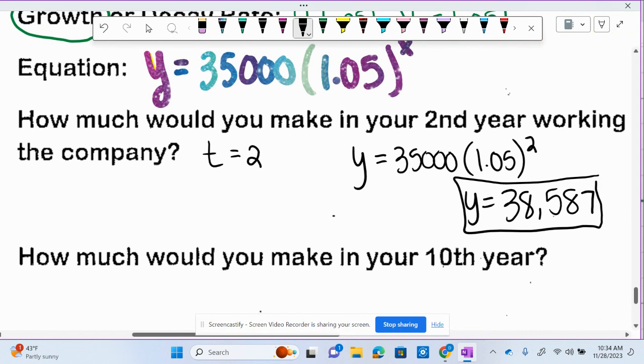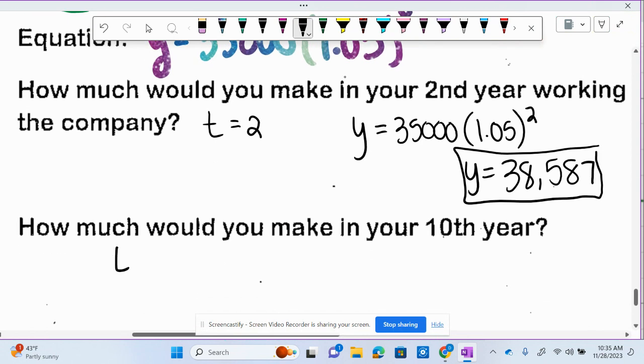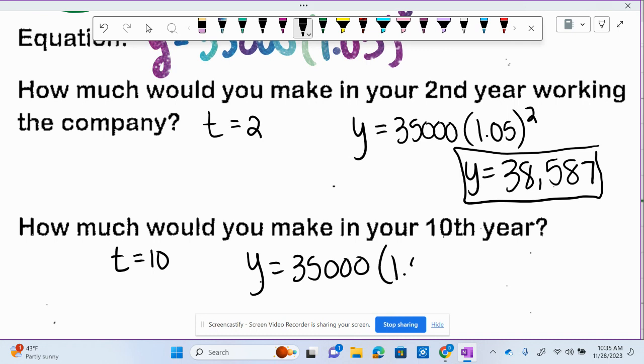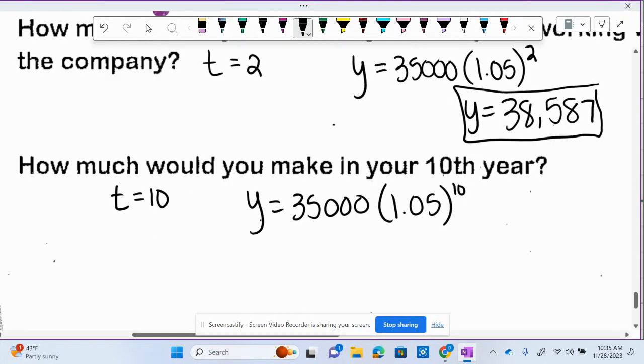Okay. What about after 10 years? No shout outs. You guys figure it out. Y equals 35,000 times 1.05 to the power of 10. I'm going to come around and check. Raise your hand when you've got it.